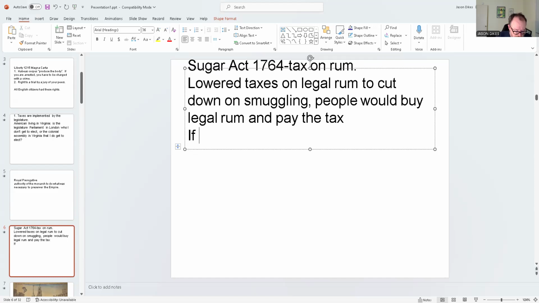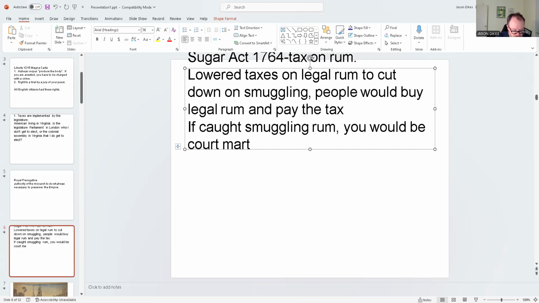Now, if you were caught smuggling rum, you would be court-martialed by the Navy. Hold on a second. All right.